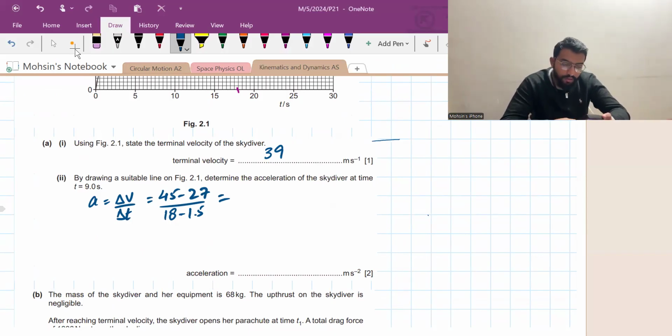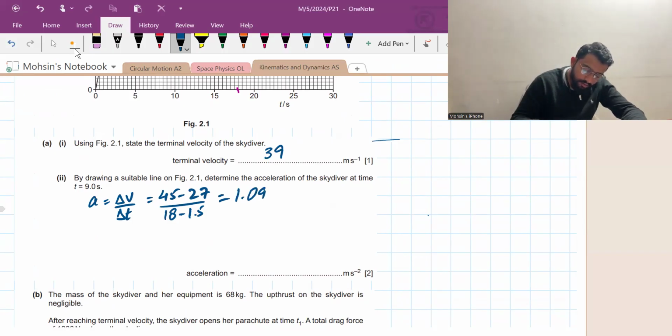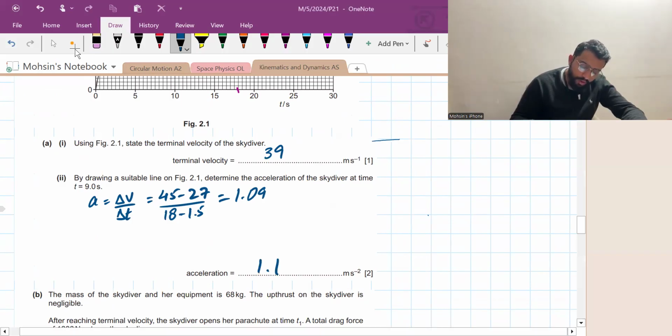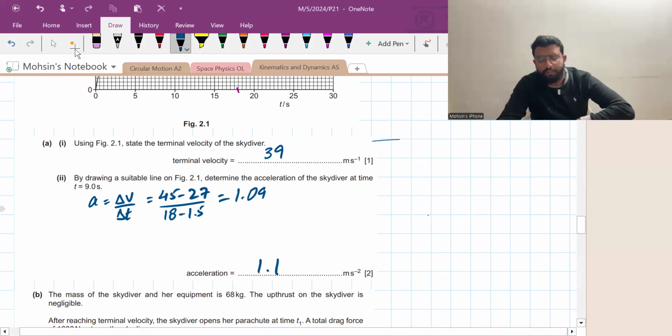Okay, 45 minus 27 divided by 18 minus 1.5, and it is giving me 1.09. So 1.09 will be equal to 1.1, which is the correct answer.